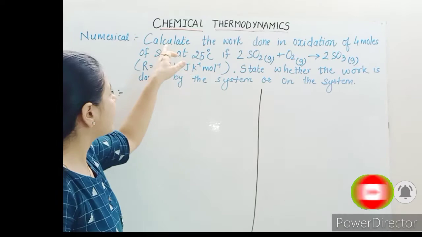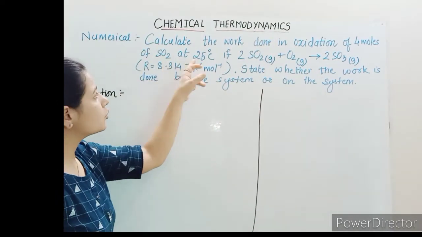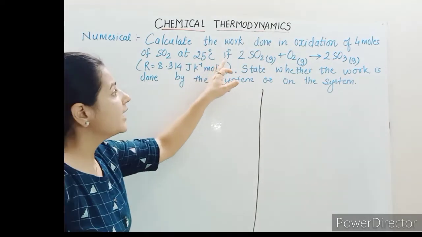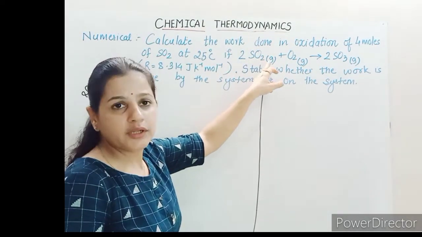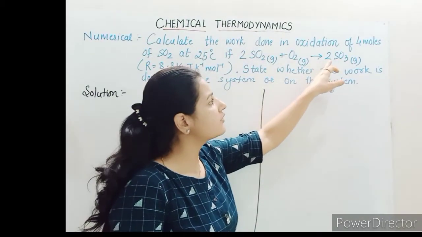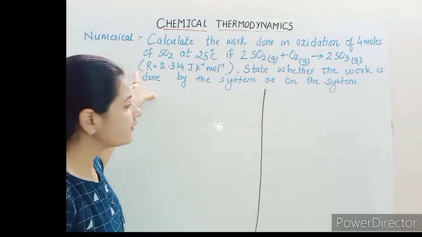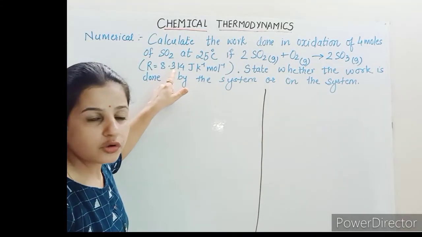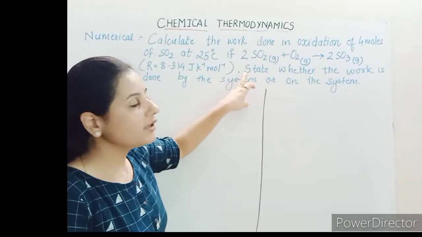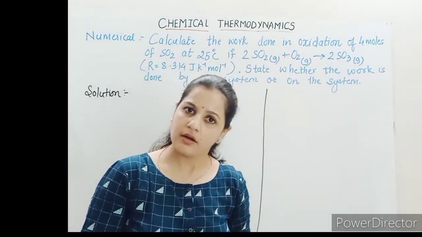The numerical says: calculate the work done in oxidation of 4 moles of SO2 at 25 degrees Celsius, if 2 moles of SO2 in the gaseous phase react with oxygen in the gaseous phase to give 2 moles of SO3 in the gaseous state. The value of R is given to be 8.314 Joule per Kelvin per mole. And you have been asked to state whether the work is done by the system or on the system.